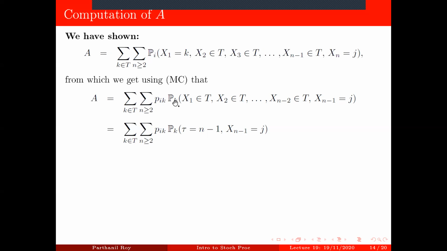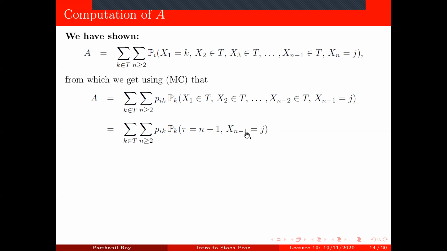Because at time 0 it hasn't, since k is in T. X0 is in T, X1 is in T, X2 is in T, all the way up to X_{n-2} is in T. X_{n-1} equals j, which is not in T. We have taken j to be not in T, right? So therefore, the first time it exits T is n minus 1 and X_{n-1} equals j. These two events together are just this event. This is something we have done just before, so we are using a similar argument here.